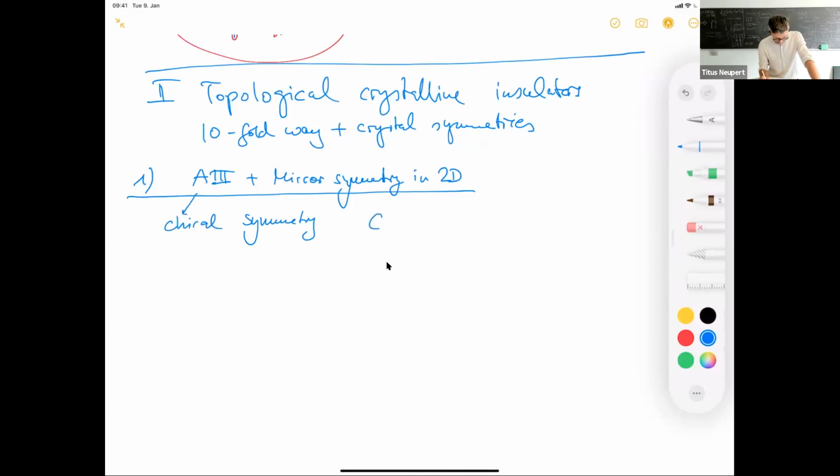Chiral symmetry is defined as C H(k) C inverse, where C is a unitary operator, equals minus H(k), the same k. The conventional way of dealing with systems with chiral symmetry is to go to the eigenbasis of chiral symmetry, where it is represented by a unit matrix and minus a unit matrix.